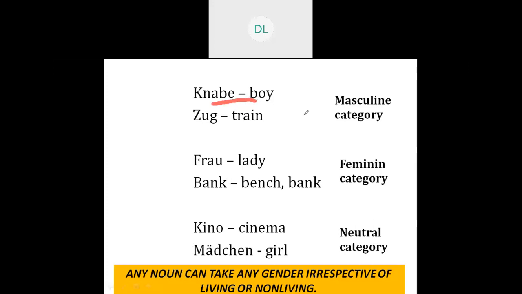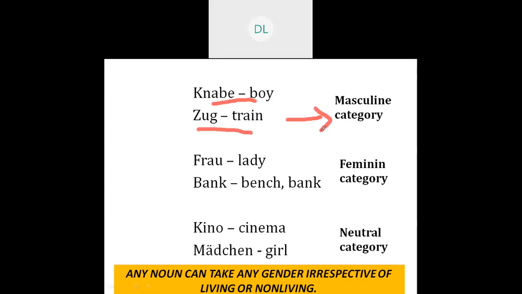No problem with that, as in English. But when I come to another noun, Zug, meaning train, it is non-living but comes under the masculine category.